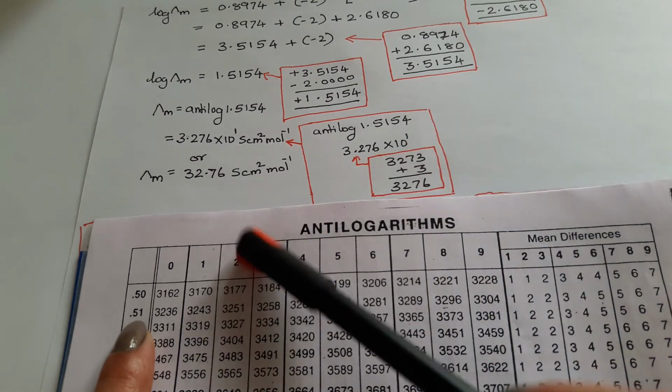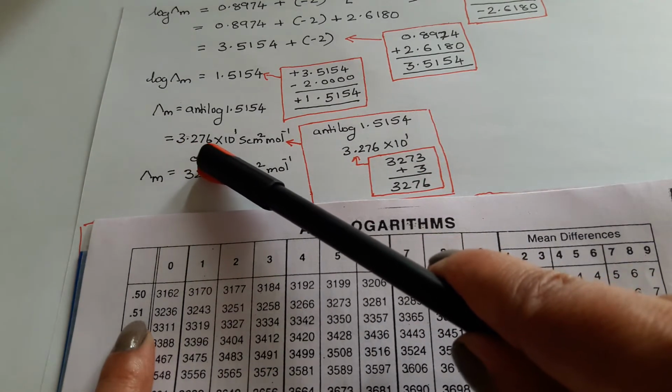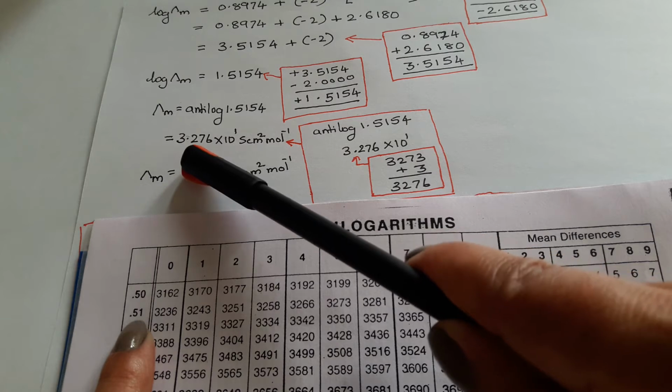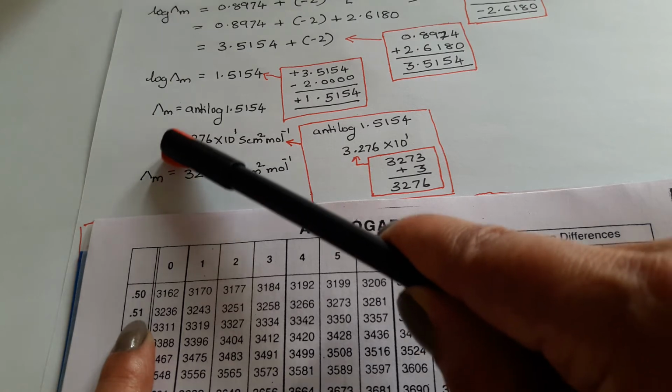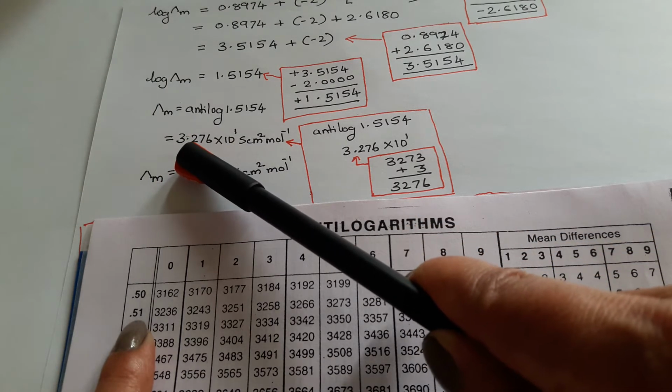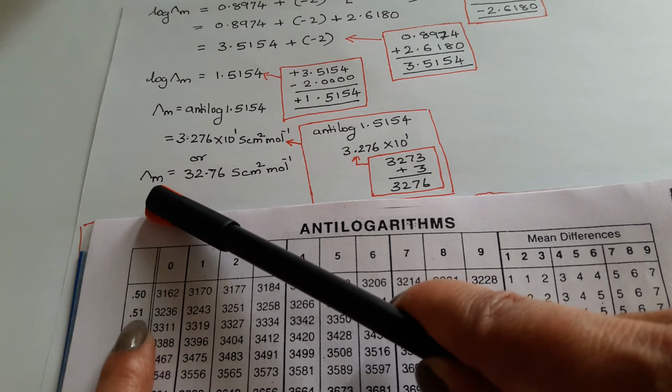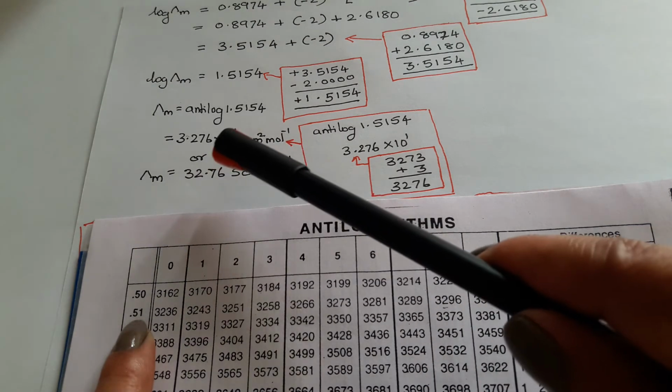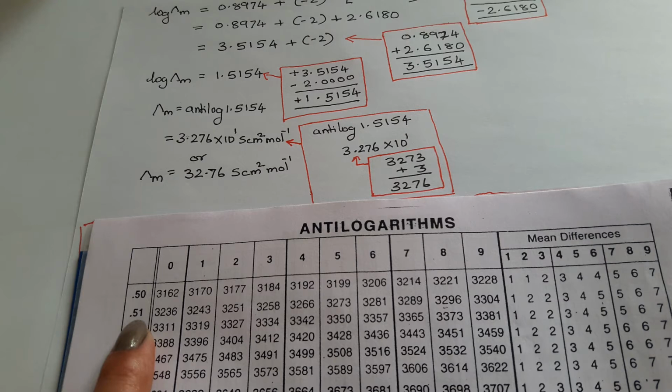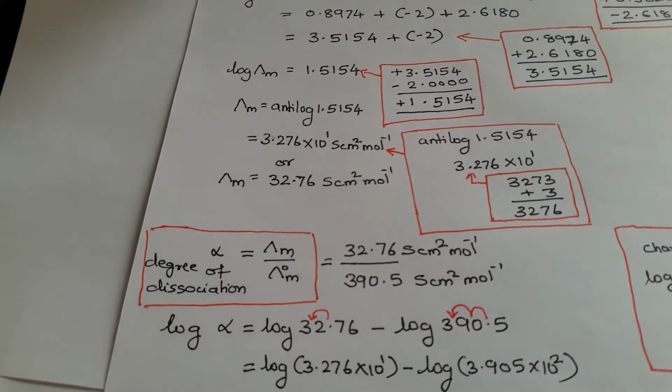After adding, we get 3276. And in the answer, after one digit, we place the decimal. So we get the lambda m value as 3.276 into 10 raised to 1 Siemens centimeter square per mole, or 32.76 Siemens centimeter square per mole.